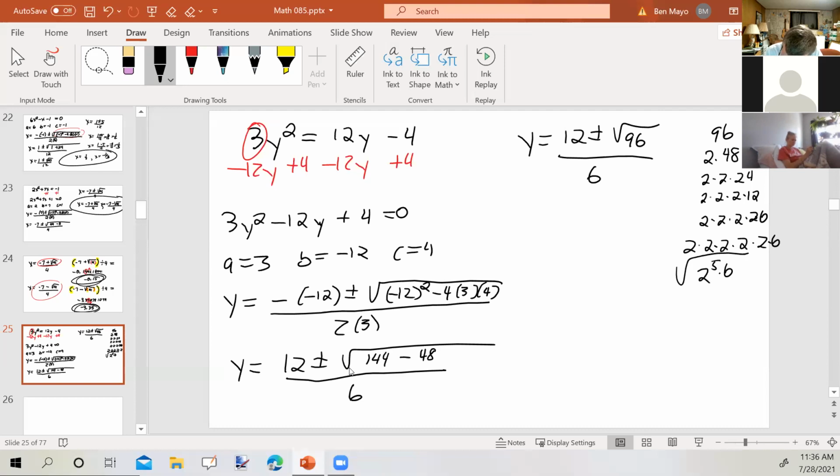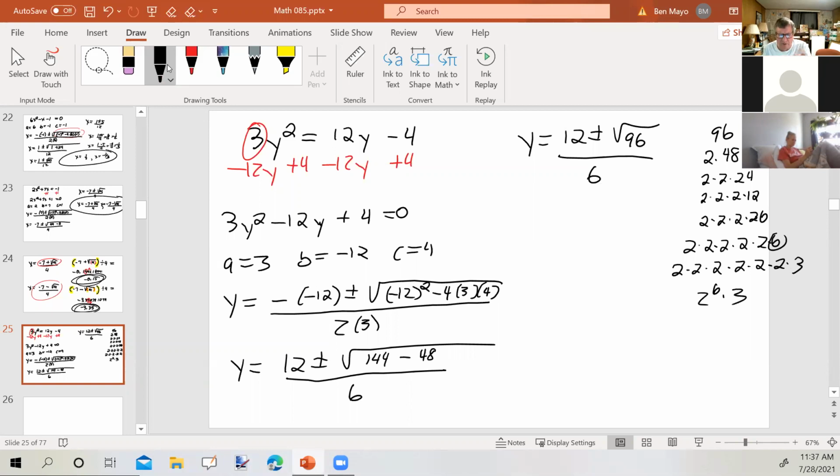Oh, wait a minute. Jump the gun here. In fact, let's go back one step further. I was getting worried because I was running out of room. 2 times 2 times 2 times 2 times 2 times 2 times 6, right? Or no, not times 6, times 3. So I've got what? 6 2s.